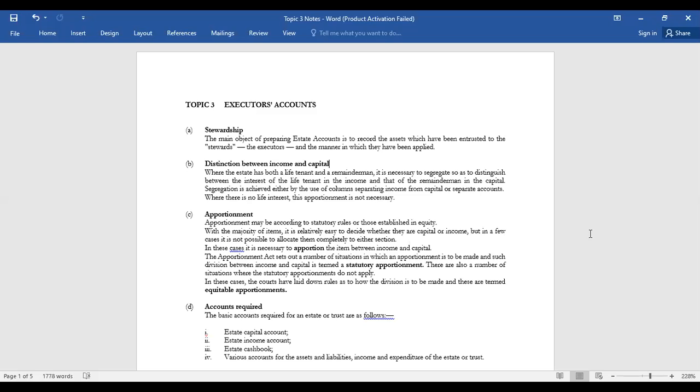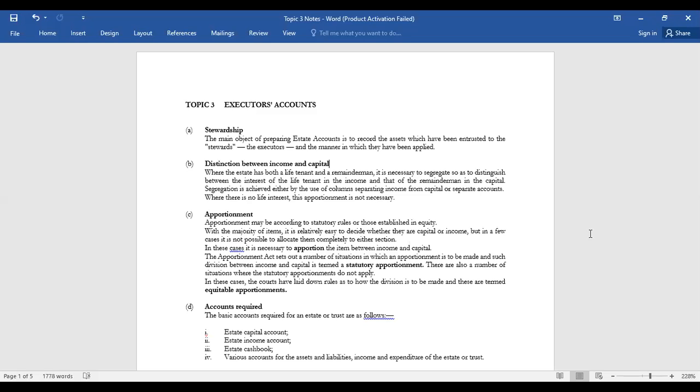So it is necessary to segregate between the interest of the life tenant in the income and that of the remainder man in the capital. So we normally say that the life tenant will enjoy the income until their final day of rest. From there, everything else will be transferred to the capital account.